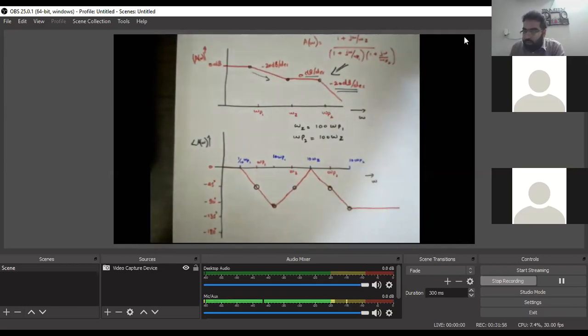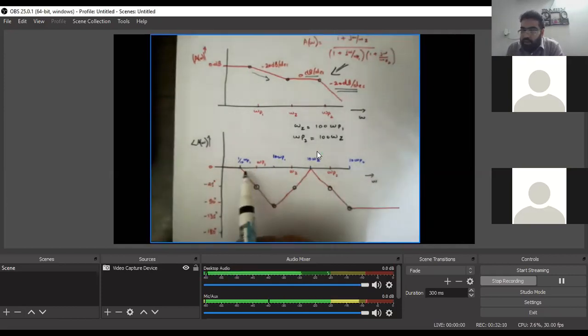Right. So we will continue with 0 degrees until we reach 1/10th of the first pole. Once we reach 1/10th of omega p1, we will start decaying down with a slope of -45 degrees per decade.